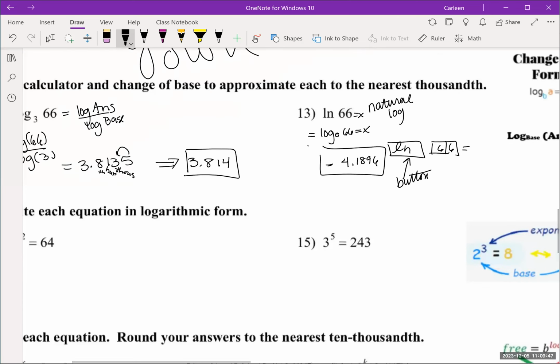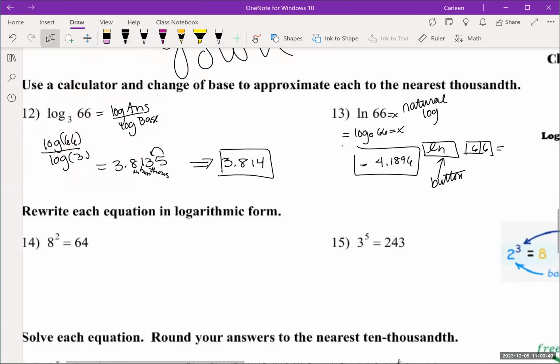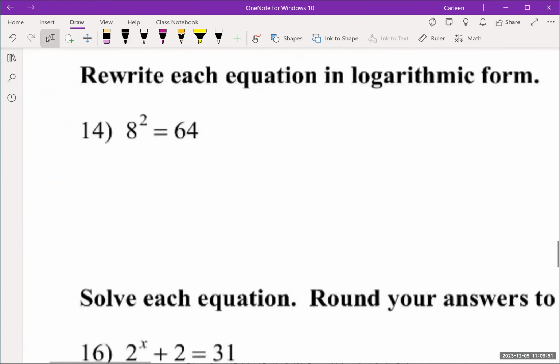All right. Number 14, write in logarithmic form. Log, what's the teeny little number right there? What goes there? Not the exponent.